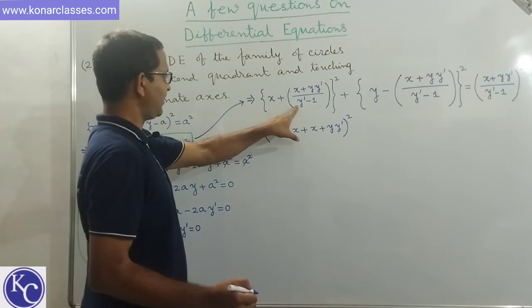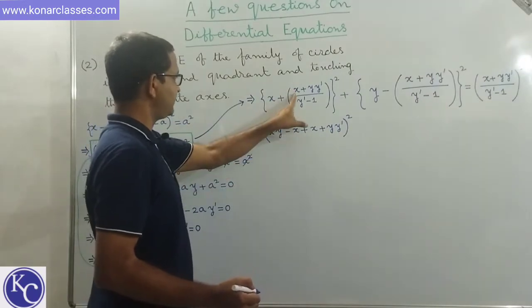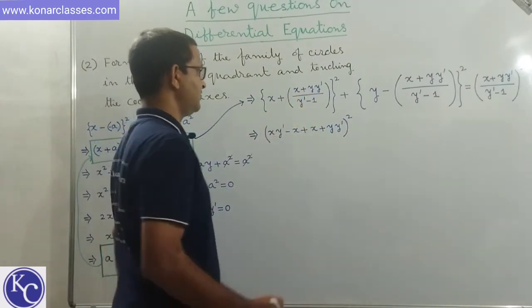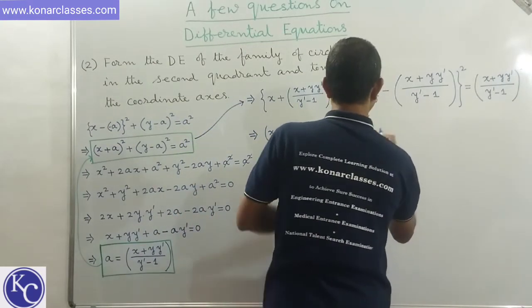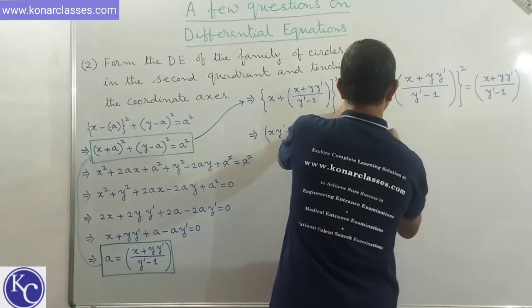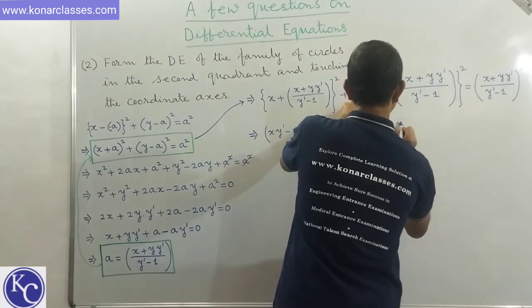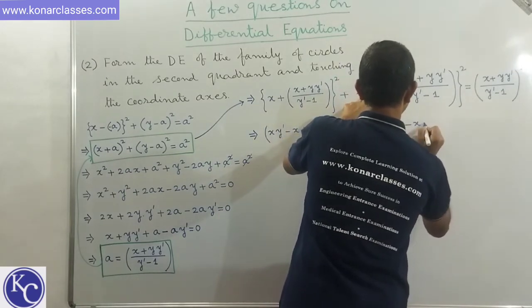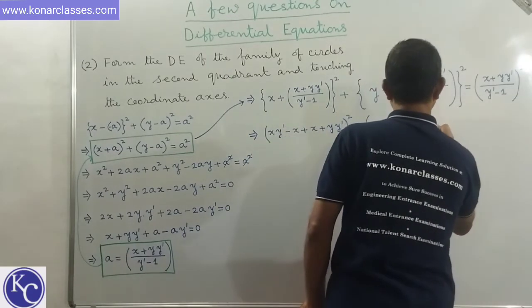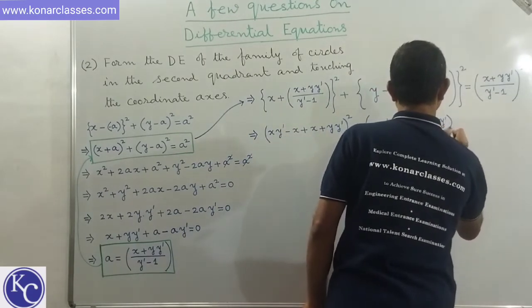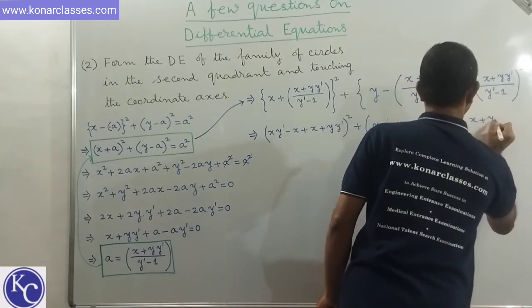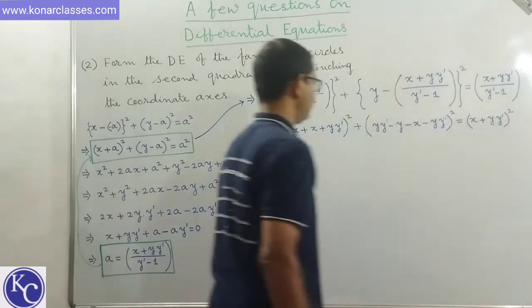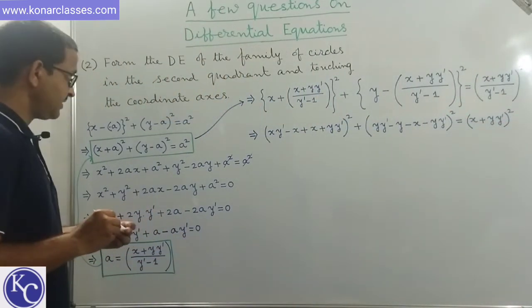Correct? (x y dash minus x plus y y dash) whole square, plus here we can write (y y dash minus y minus x minus y y dash) complete whole square is equal to (x plus y) y dash complete whole square. Okay, correct?